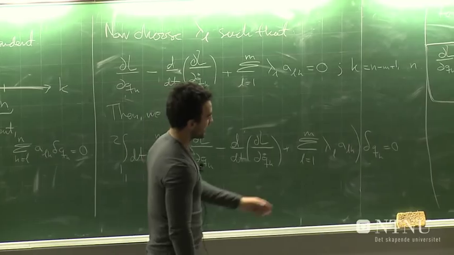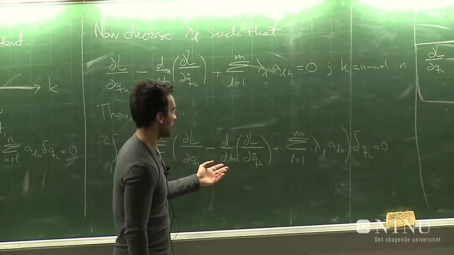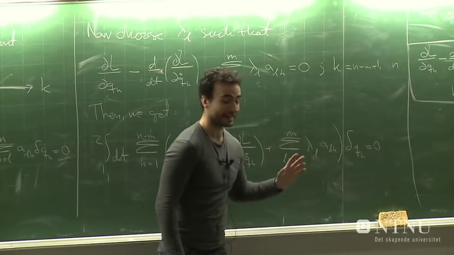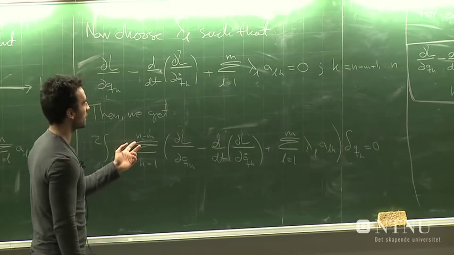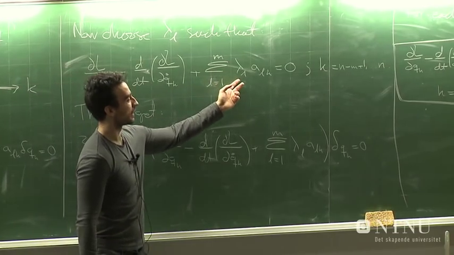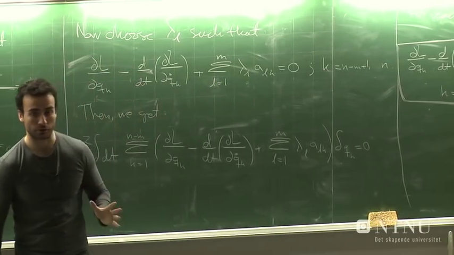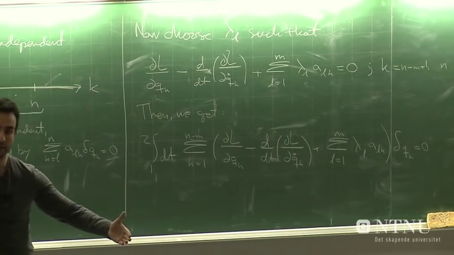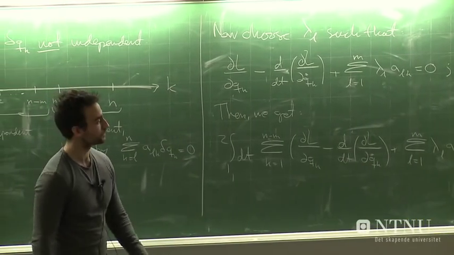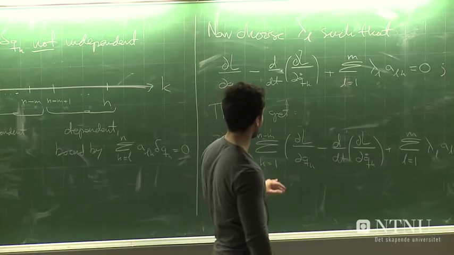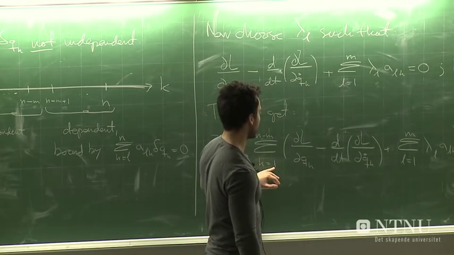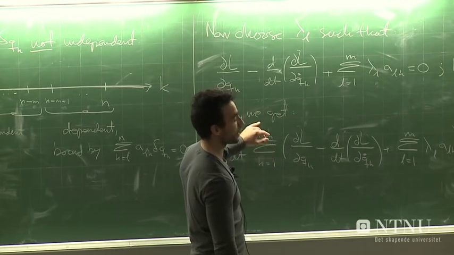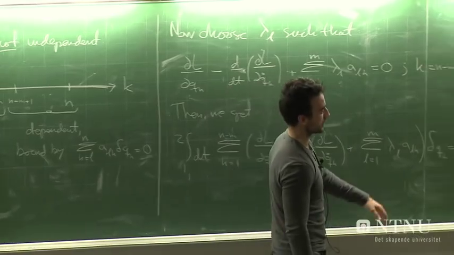So although these virtual displacements δq_k are only independent up to n minus m, we have chosen λ_l so that this equation is also satisfied for the rest of the dependent coordinates. And therefore, it's valid from k equals 1 all the way up to n, which is what's written here.